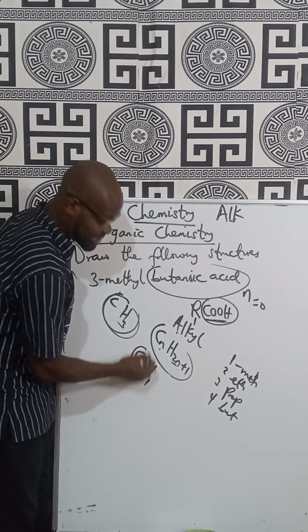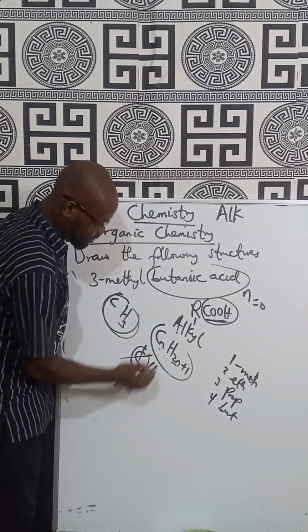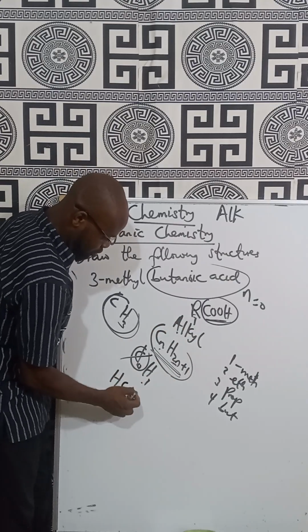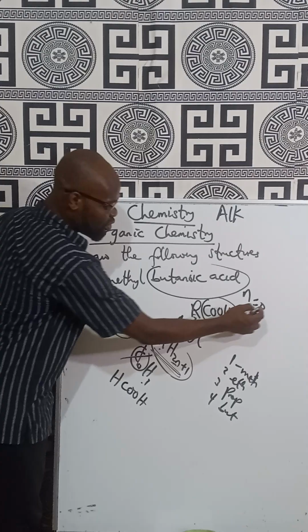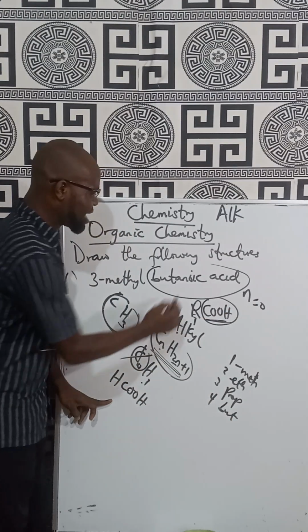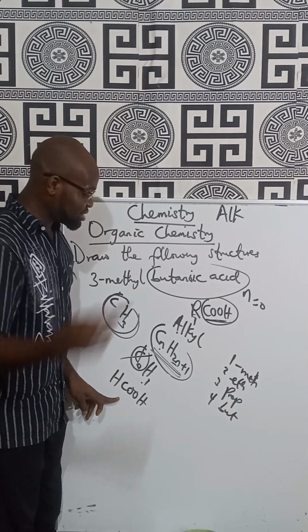So the C0 goes away and we have H. So this R is the H, then put your COOH. So that 0 is our meth here. So this is methanoic acid.